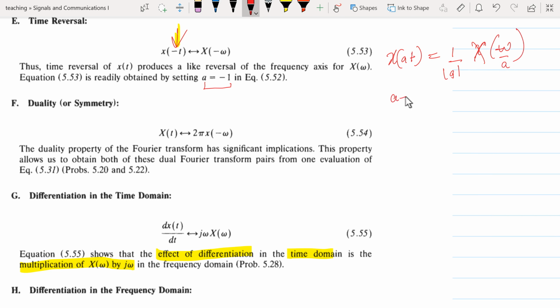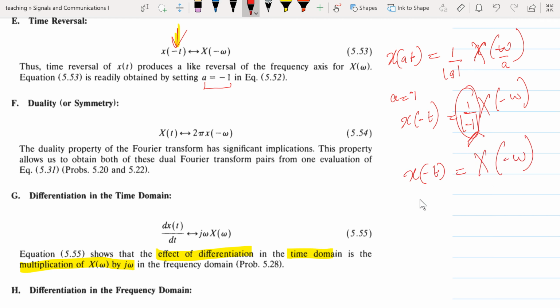Therefore, if you say your a is equal to minus 1, that means x of minus t is equivalent to X of minus omega. So that is what time reversal tells us. Of course, the minus 1 is lost because we are taking the magnitude, or the absolute value. So we definitely have x of minus t equivalent to a reversal in the frequency domain, which is expressed as such.